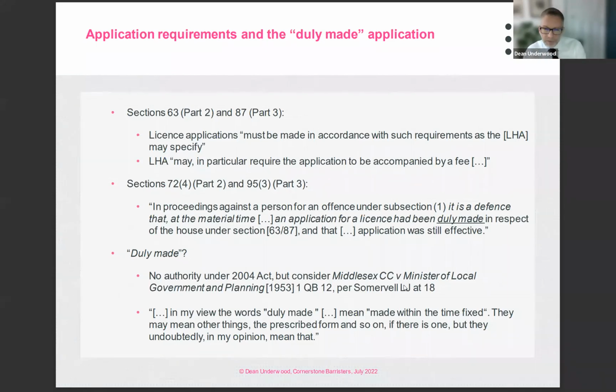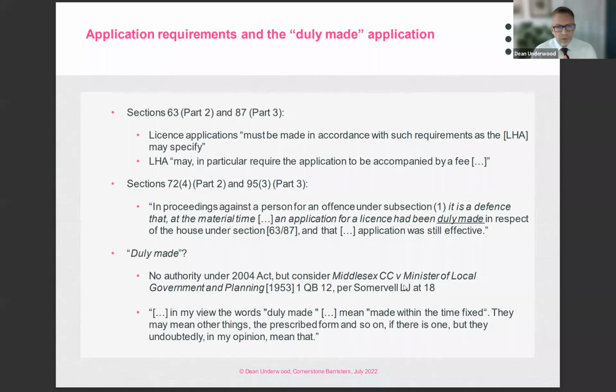Well, perhaps there's no authority directly on point under the 2004 Act, but arguably local authorities might find some assistance in the case of Middlesex County Council and the Minister of Local Government and Planning, in the judgment of Lord Justice Somervell, in particular page 18.